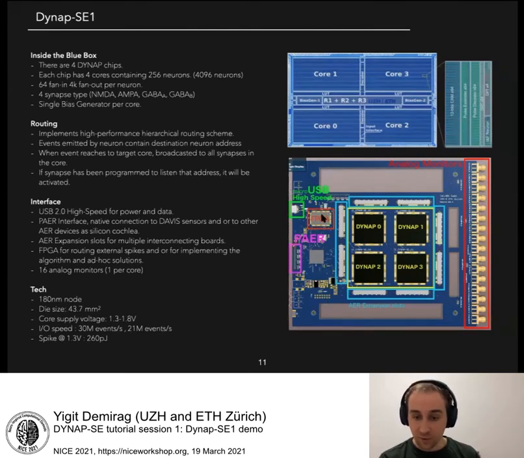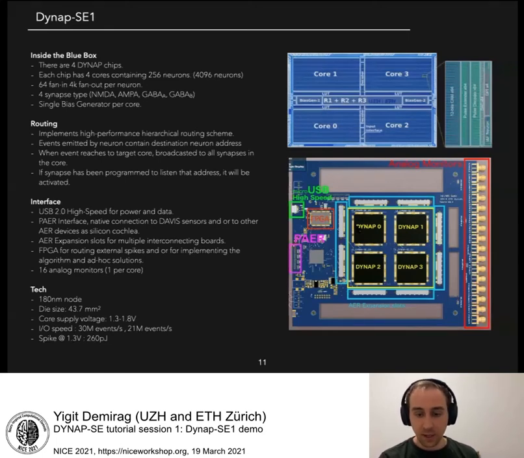It also has an FPGA on board, which we usually use to generate external virtual spikes to feed to the chips, or you can use this FPGA to implement learning algorithms, like different online fast adaptation dynamics for your chip.